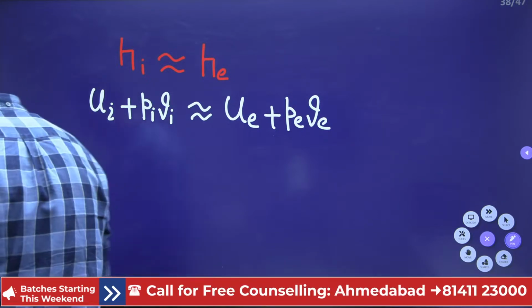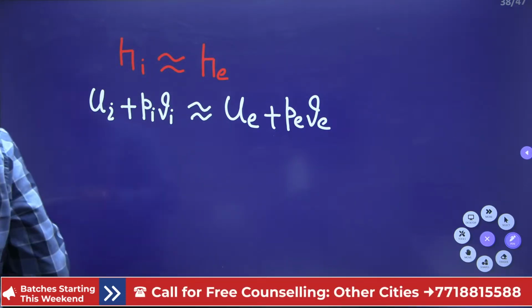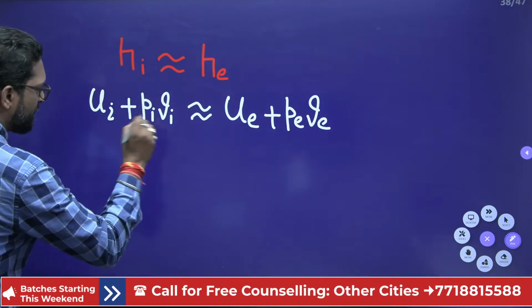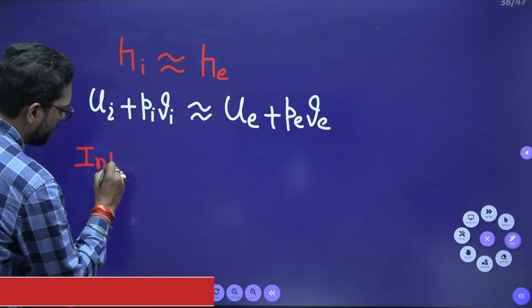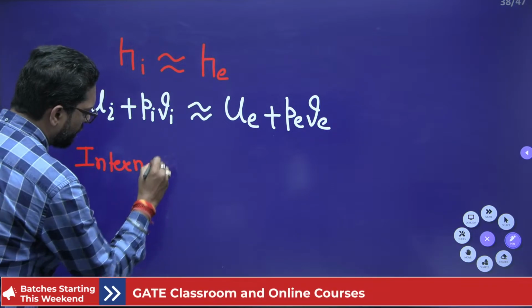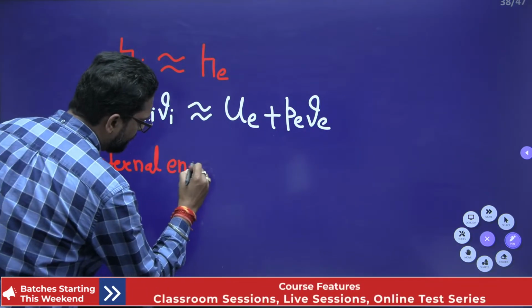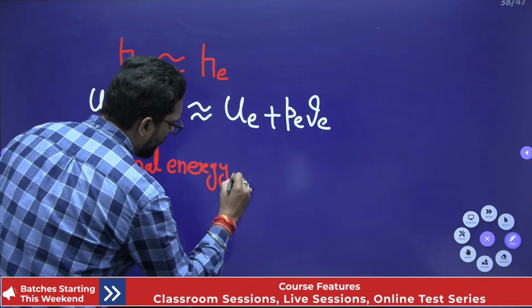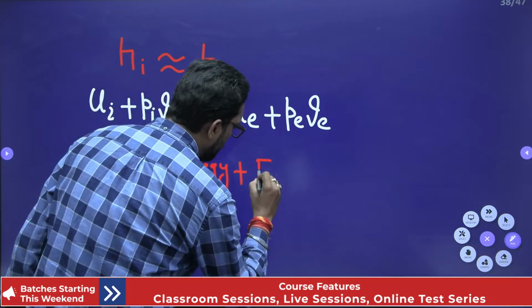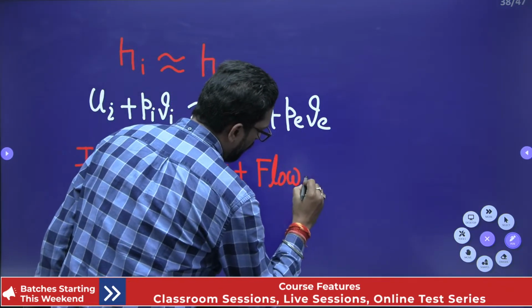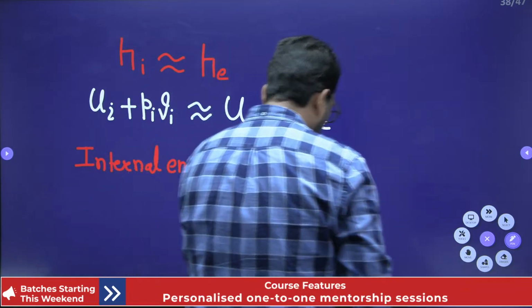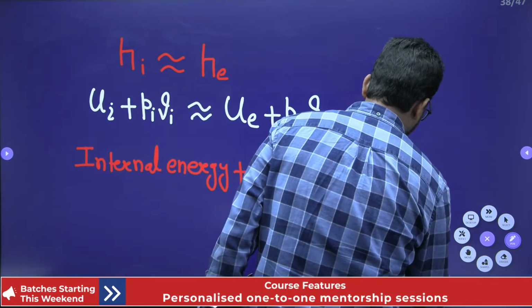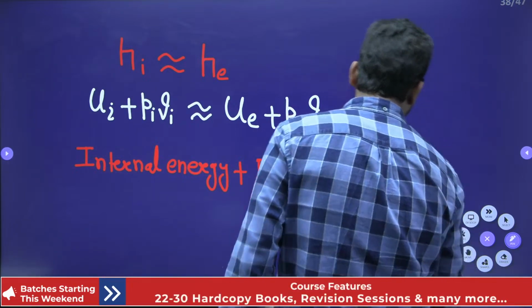That means, beta, this is the combination of internal energy plus flow work. Flow work is constant. Yes or not?